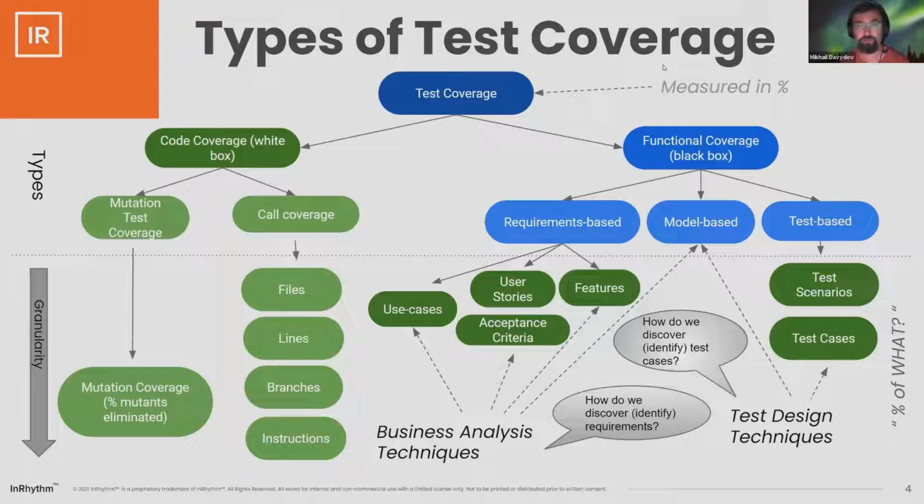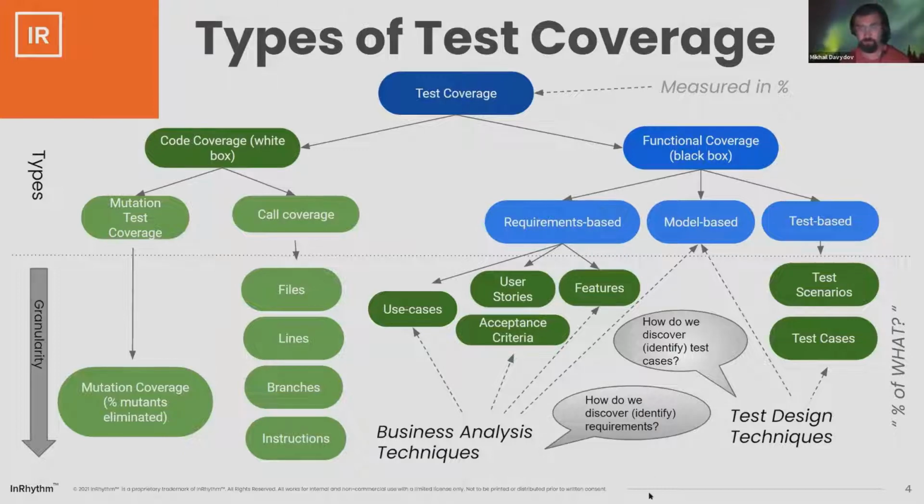The absolutely different approach is taken by testers usually. When testers are talking about test coverage, they are usually talking about functional test coverage. As with any other type of test coverage, it is measured in percents. The question is the percent of what are we measuring.